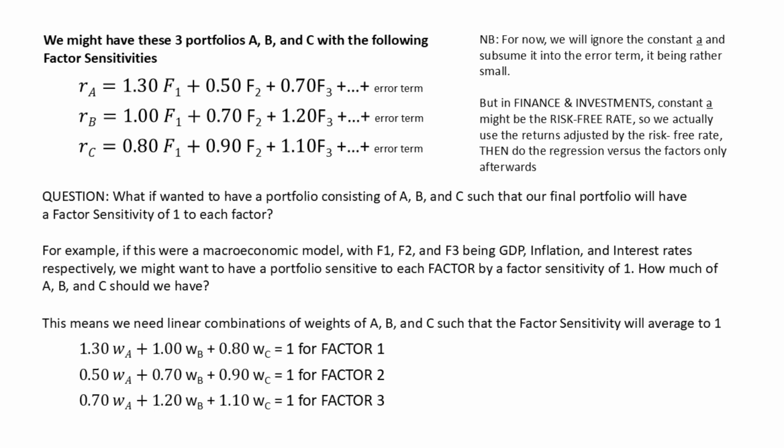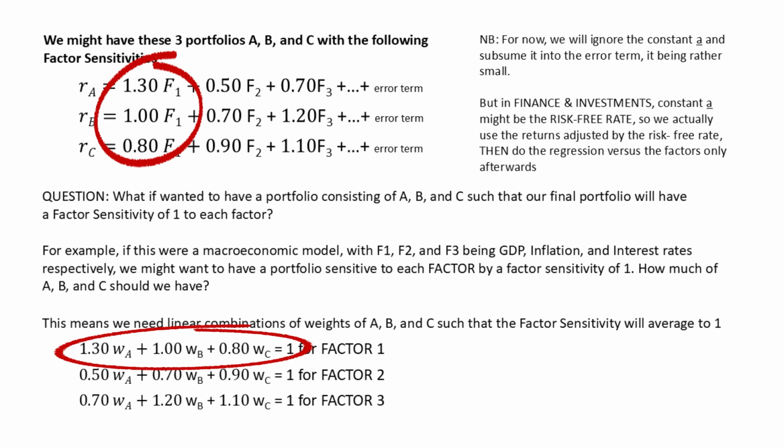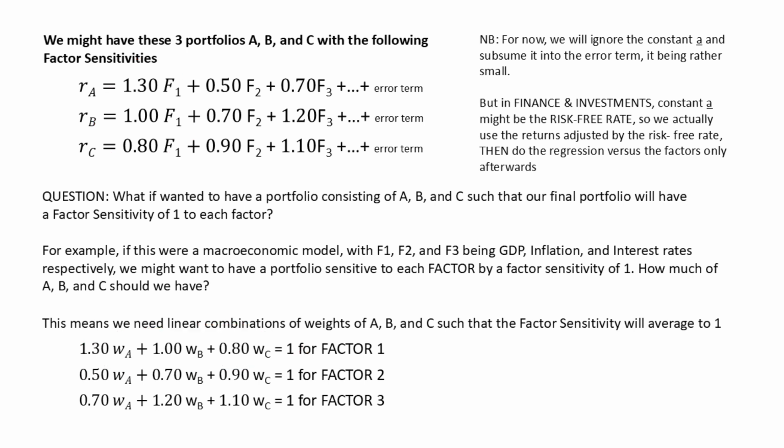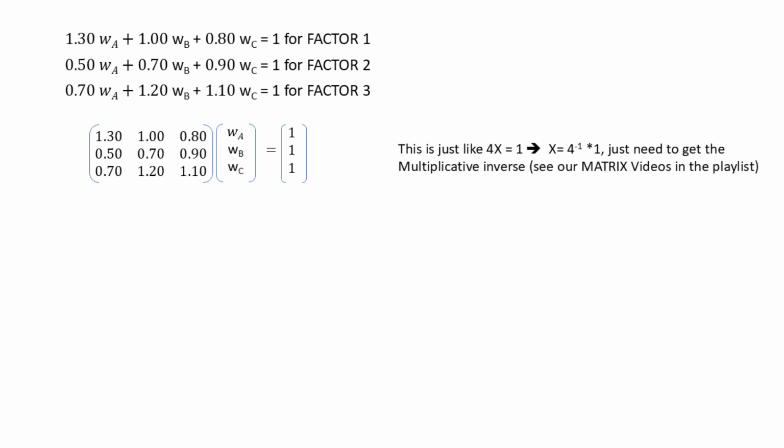So just kindly notice the coefficients and how they're not written in this form versus the way the factor loadings were computed using regression. So finally, this is what we're going to have. We want to have the average sensitivity to be 1 for each factor. Therefore, this translates to just this kind of matrix multiplied by the weight vector is equal to the vector of 1s.